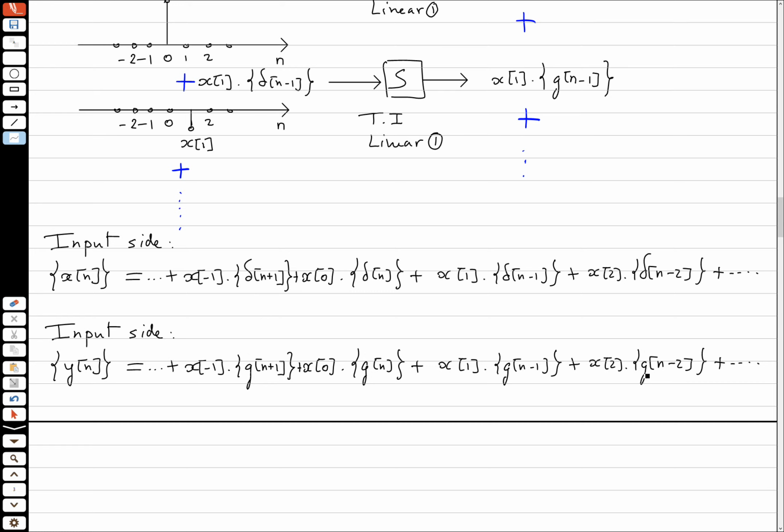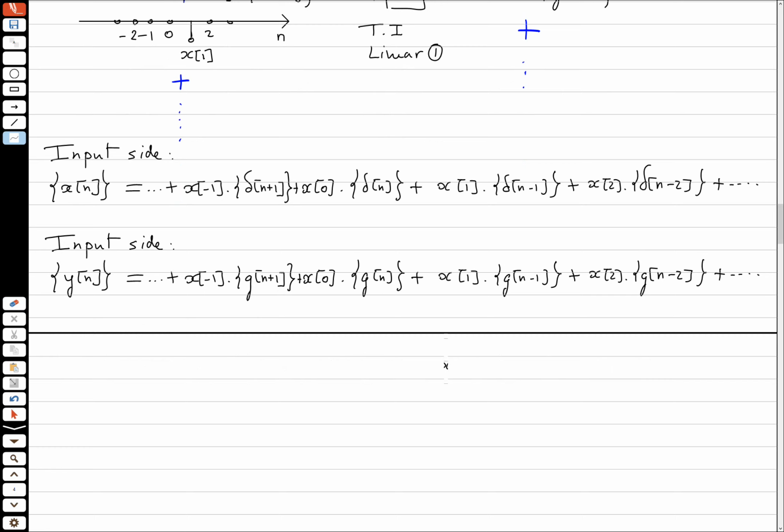But it's heavy to write like that. So is there a shorter way to express this? Yes, summations.